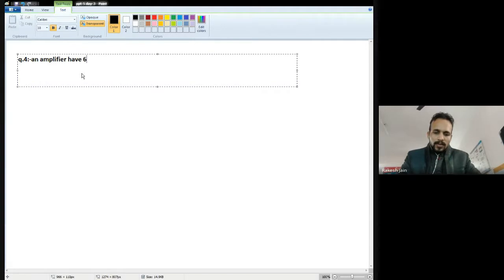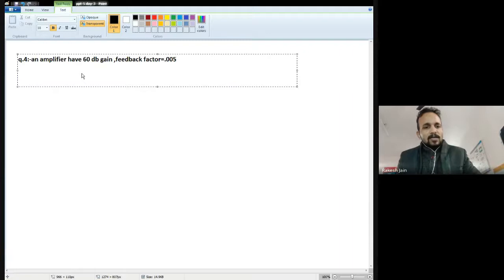What would be the change in overall gain of the feedback amplifier if the internal amplifier is subjected to a gain reduction of 12%? Okay.